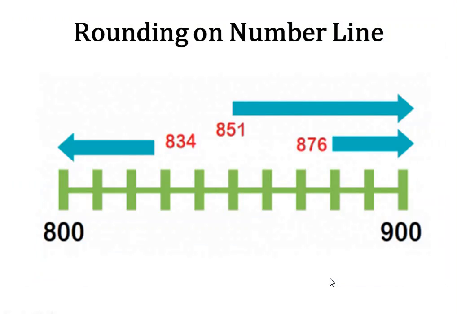Now I can round using the number line. And you remember what a number line is. At the beginning of the lesson, we talked about the number line. A number line is a line that has the integers, or the numbers, on it.